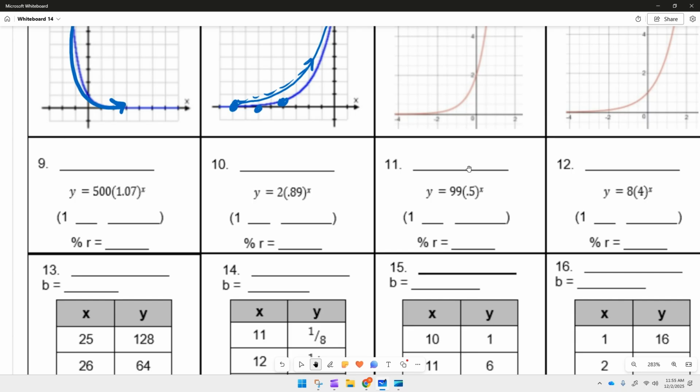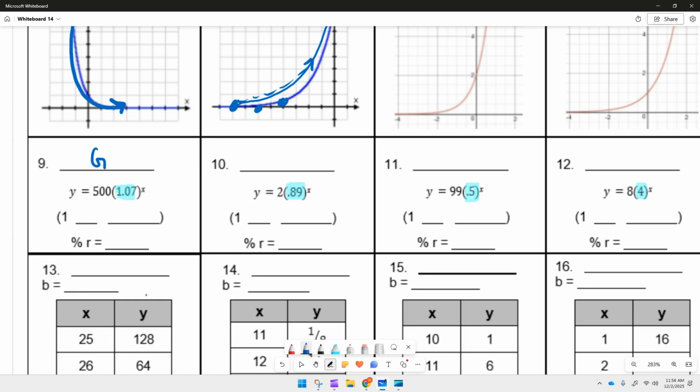Now let's talk about 9 through 12. When we're identifying growth or decay, we are looking specifically at our b value. So our b value is with the exponent. So that means, what's my b value here? 1.07. So 1.07 is greater than 1, so that means, is that decay or growth?